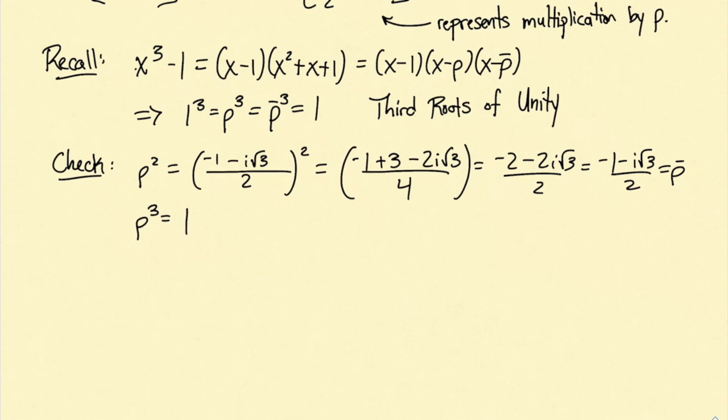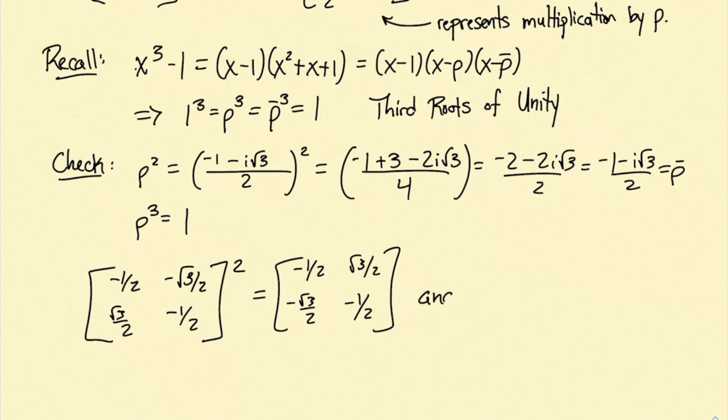So powers of rho will go rho, rho bar, 1, rho, rho bar, 1, ad infinitum. So of course, you can check that the two matrices that we've defined are related in the same way.